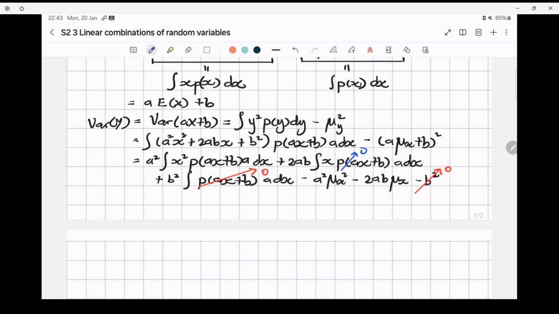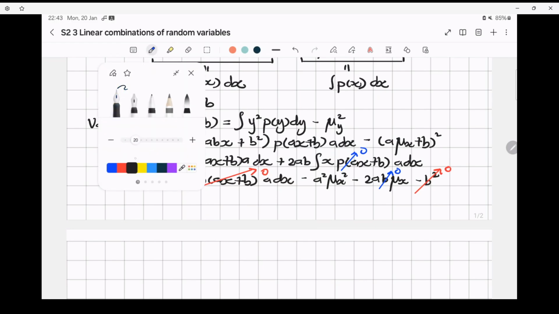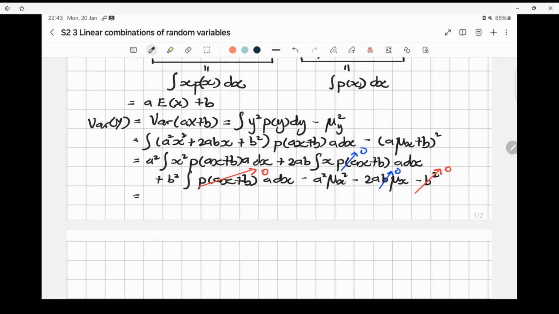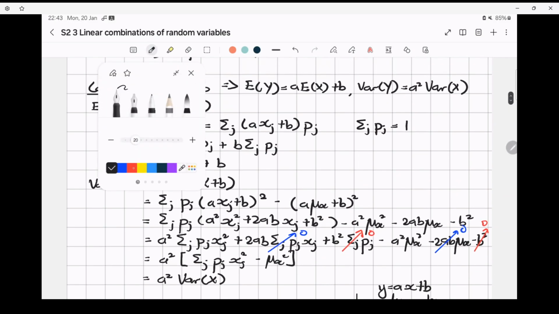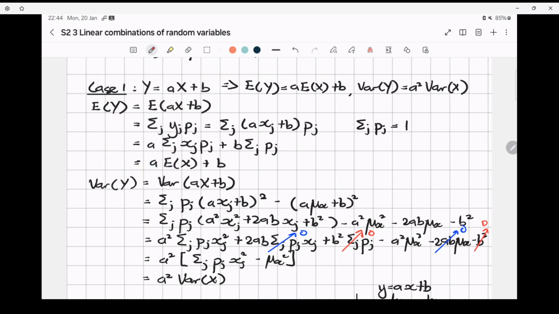After the integration, you get 2ab mu x. So what you would get in the end will be a square integrating x square p ax plus b a dx minus mu x square. So this will be a square variance of x. So that's how you prove the same equation over here for discrete random variable and continuous random variable.